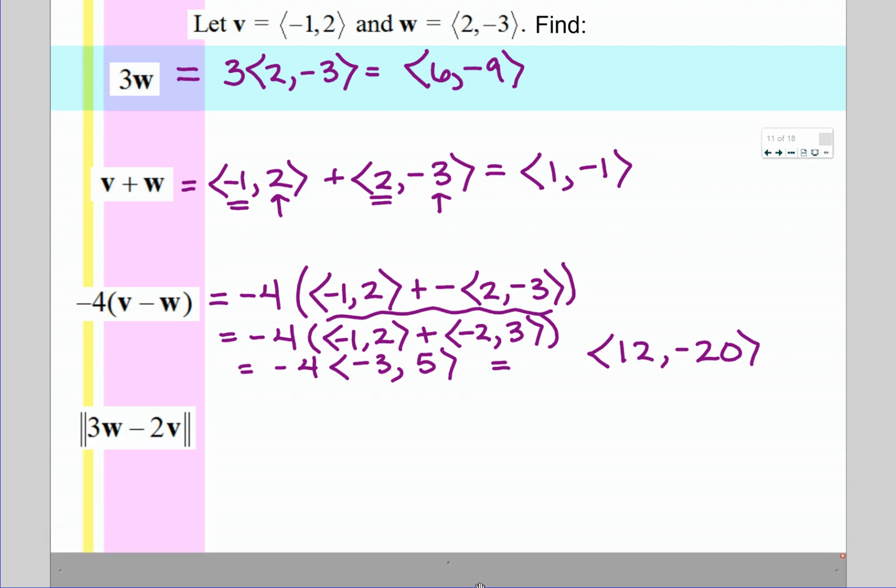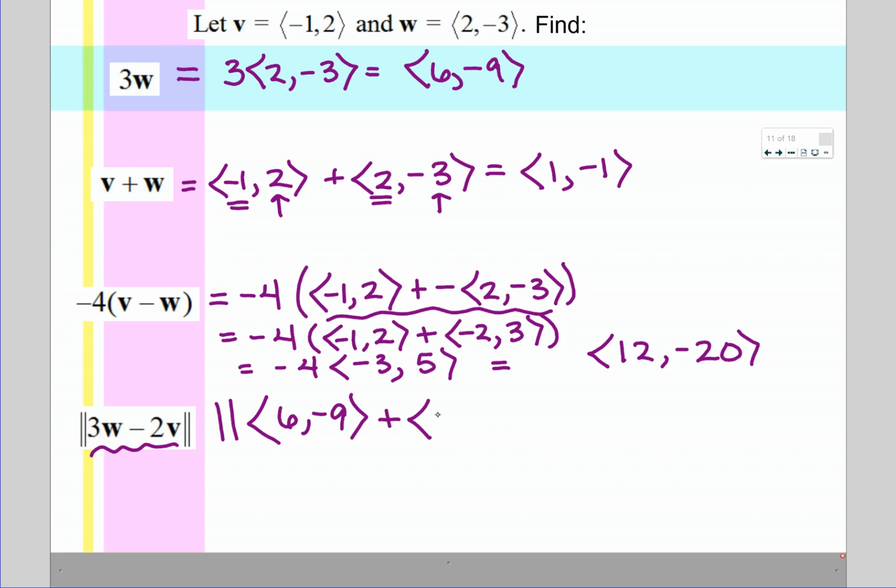Last but not least, I have 2 bars on either side. Remember, the bars mean magnitude or length. The final answer to this problem will be a single number. It is the length of a vector, not a vector. So what we're going to do first is find the vector 3w minus 2v. Okay, so 3w, we did that earlier. That was 6, -9. Instead of minus, I'm going to think of it as plus, and then you can just distribute -2 into v.